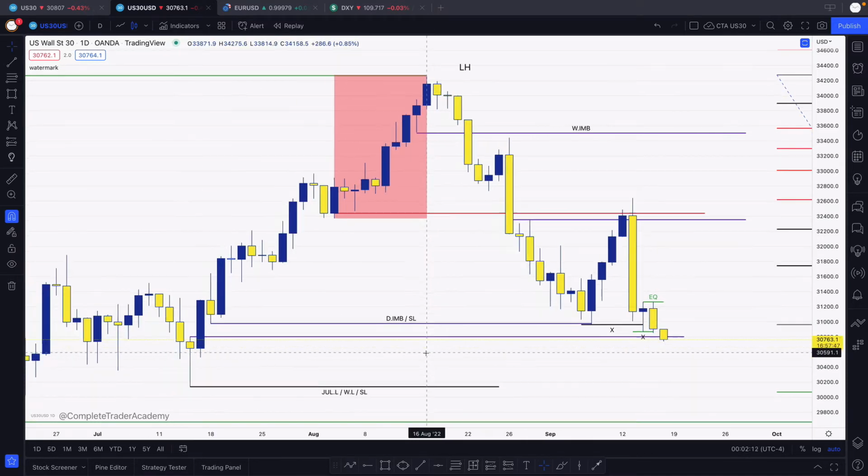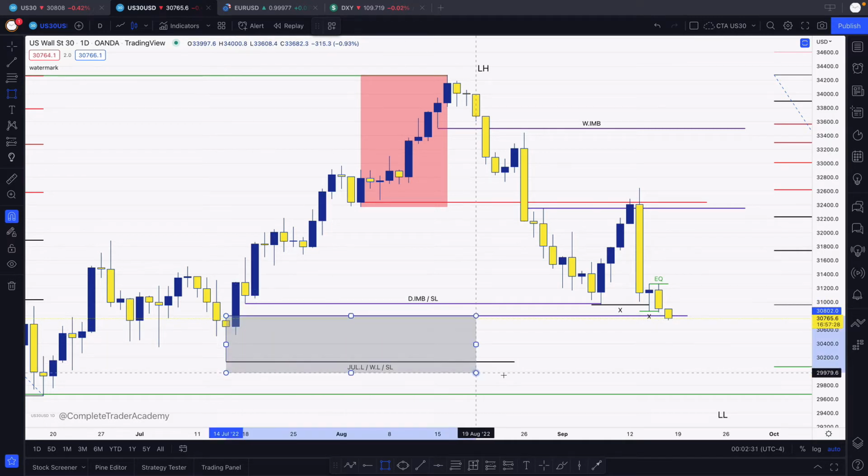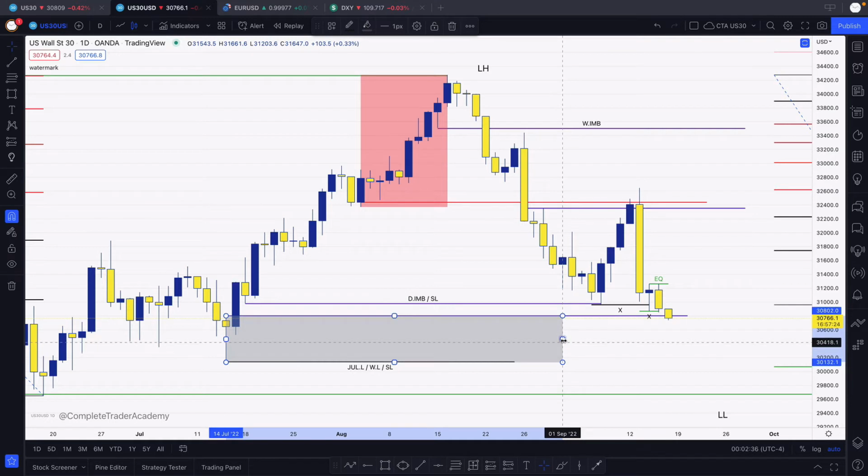A couple options, as I mentioned in the previous video: it's either going to come and take this low out and keep going, or this could be a very huge demand block, okay, which I'll even draw. It's possible. Anything can happen here because these are very interesting times that we're in.